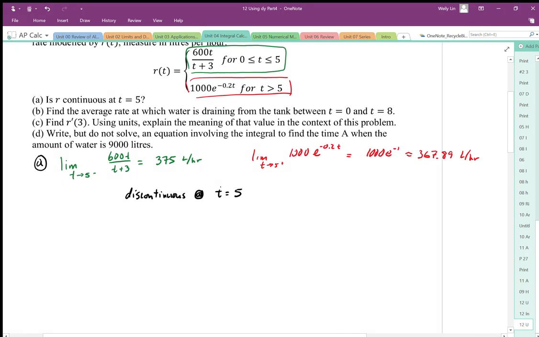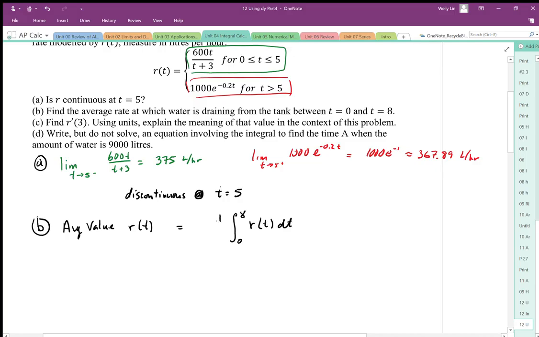Part B says find the average rate at which the water is draining from the tank between t equals 0 and t equals 8. So when we talk about the average value of R of t, I want to find the area under the curve, the integral from 0 to 8 of R of t.